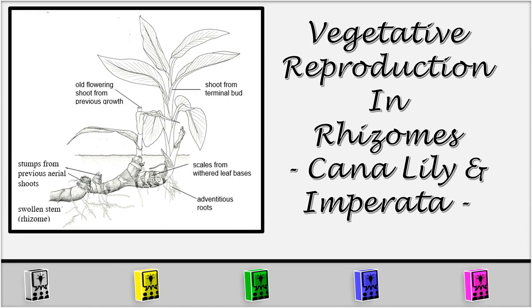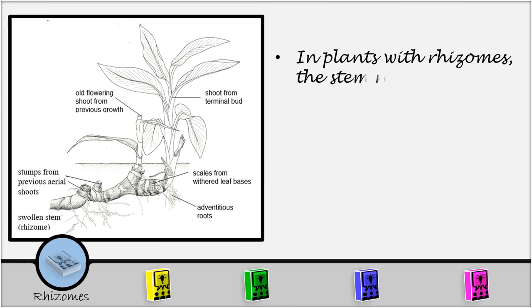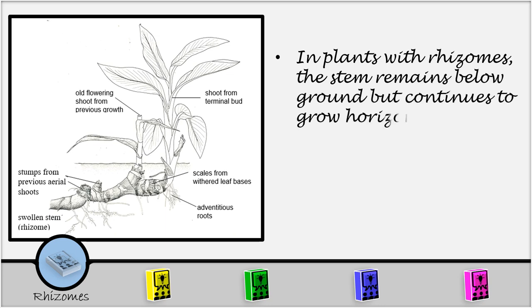I welcome you to Vegetative Reproduction in Rhizomes, Canna and Imperata. In plants with rhizomes, the stem remains below the ground, but continues to grow horizontally.